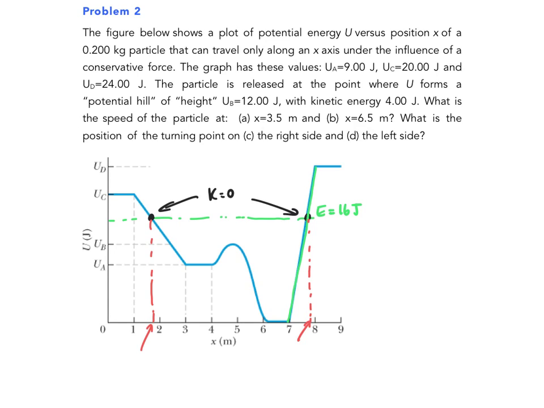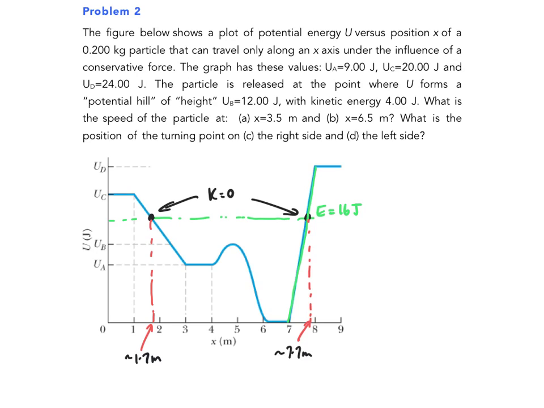We can see roughly by looking at that this is approximately 1.7 meters, and the other turning point on the right hand side is approximately 7.7 meters. So that's rough. If you could graph this, you could show that.